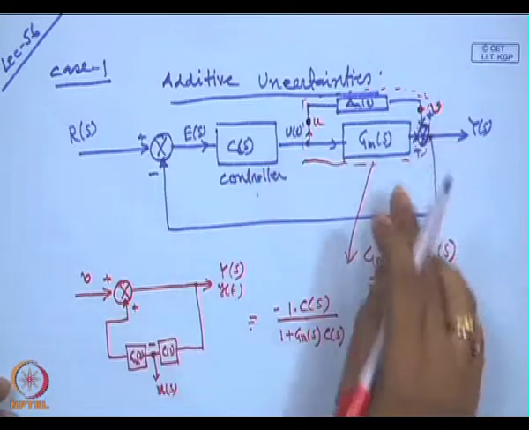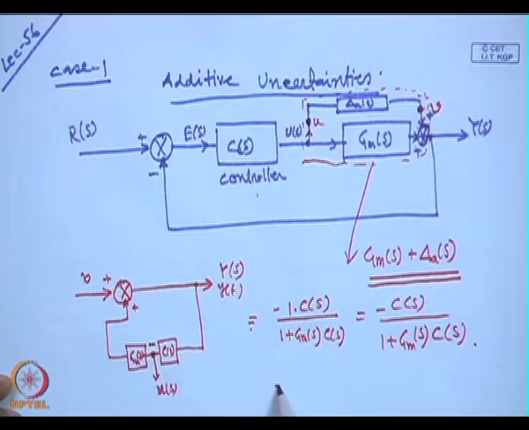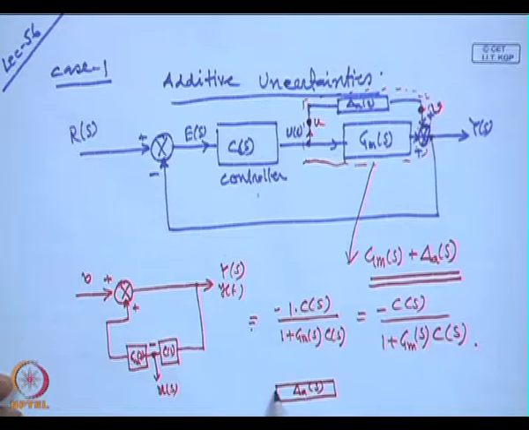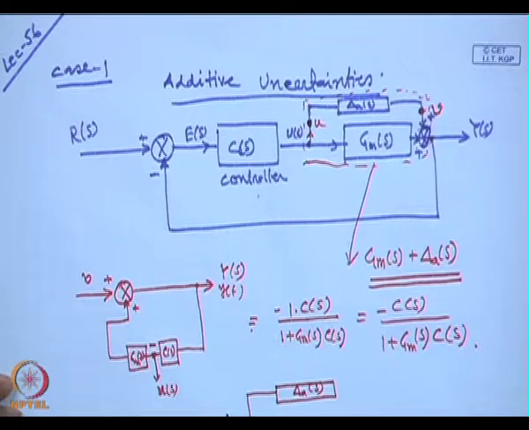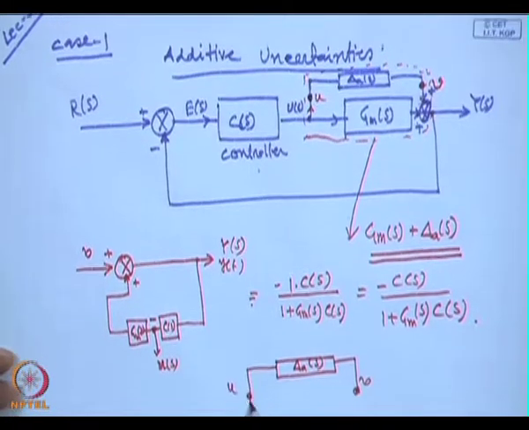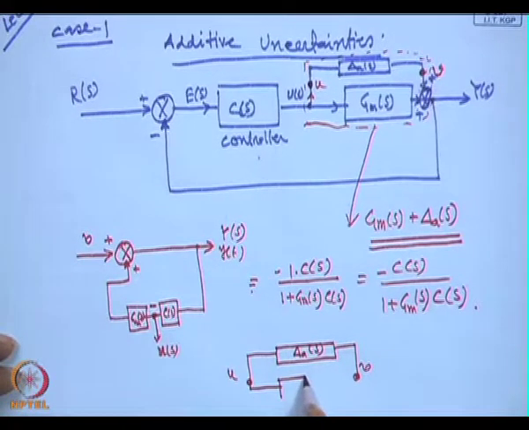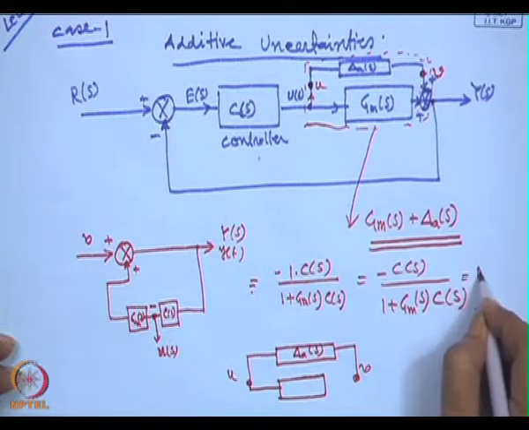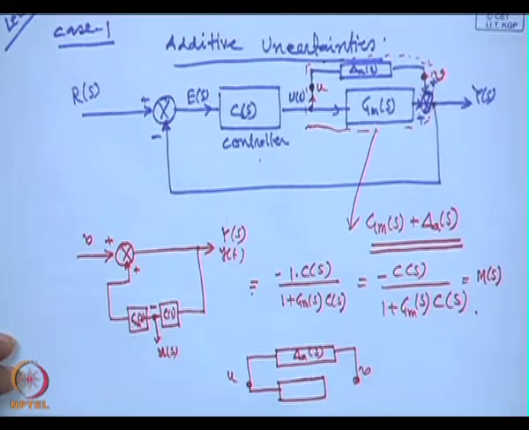So, now see, this is our delta A of S, this is our U and this is our V, and the transfer function we have found between them, that you consider M of S. Agree? So, it is M of S.